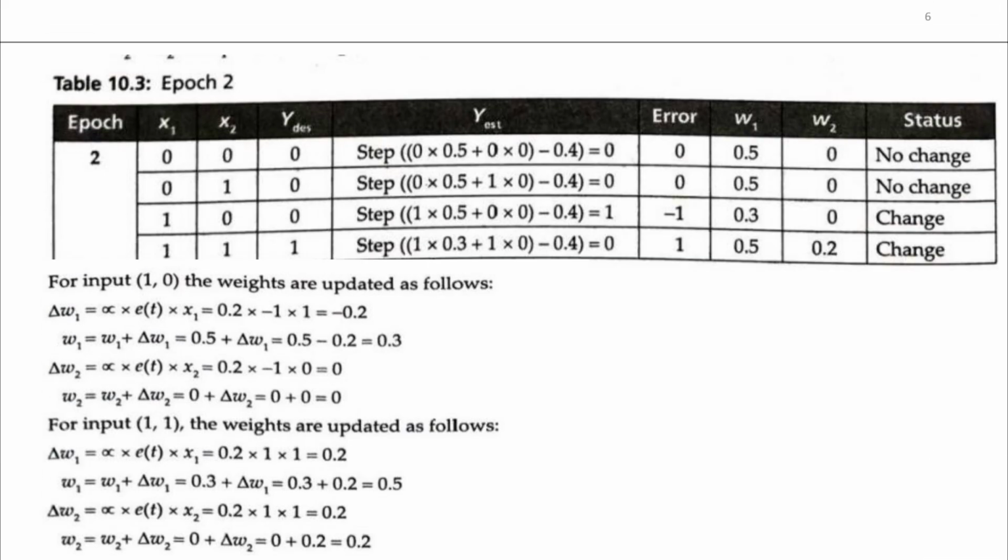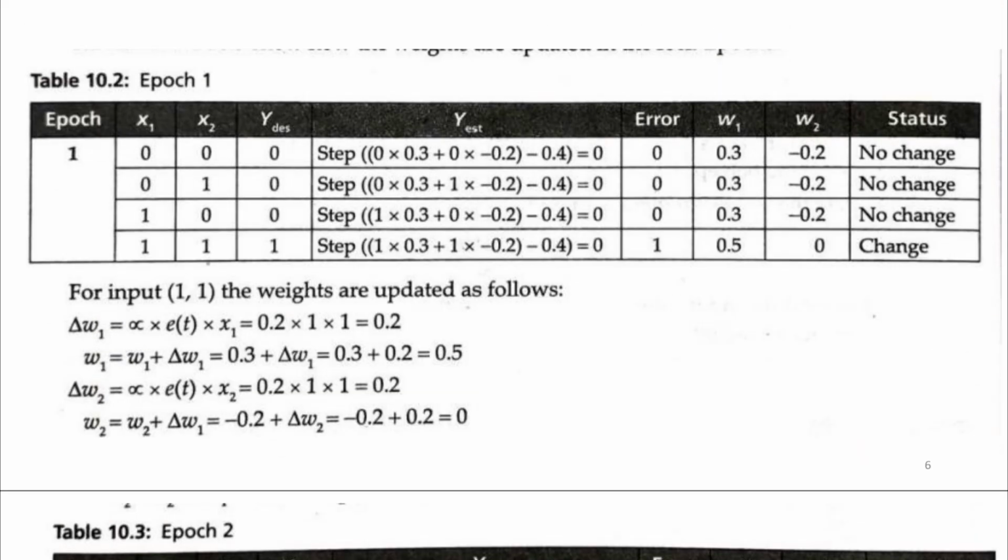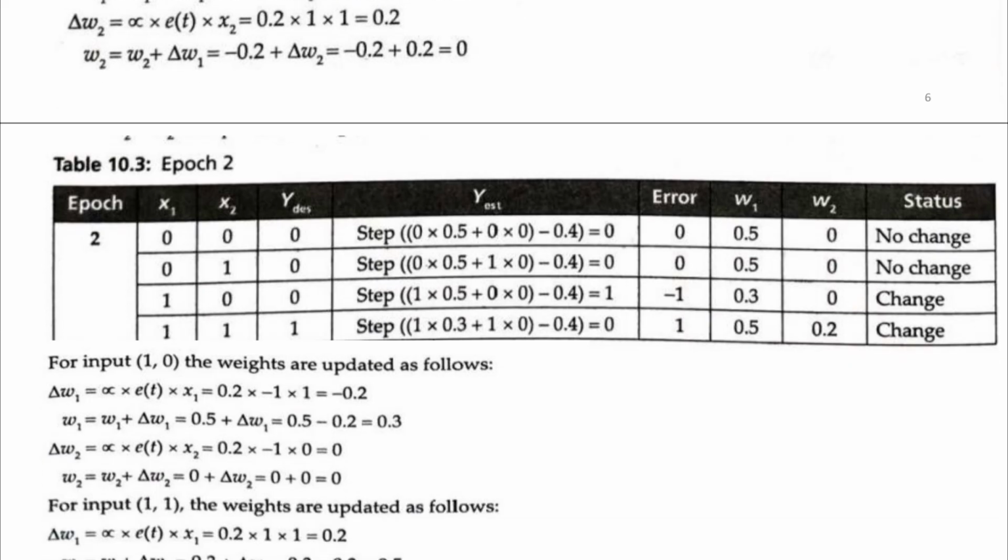The previous weights what we got are 0.5 and 0. That we are going to take here. If there is no error, same is propagated in the next stage. Here, in the third case we saw the output is 1 and the desired is 0. 0 minus 1 is minus 1.